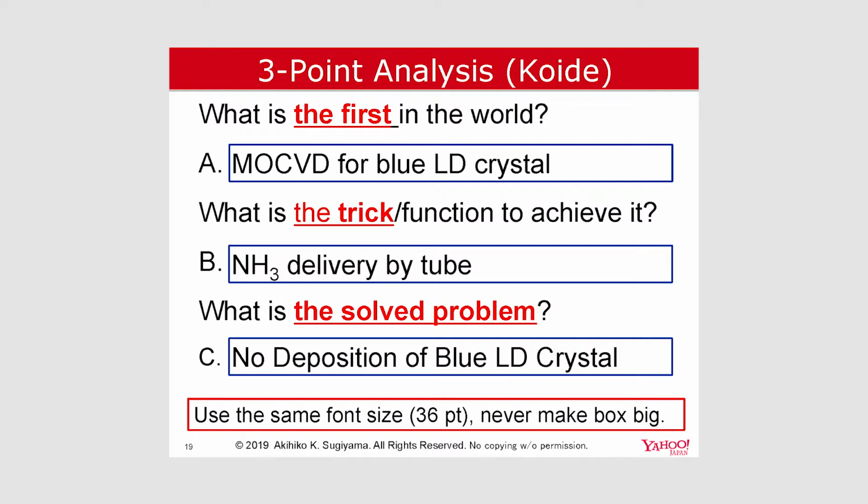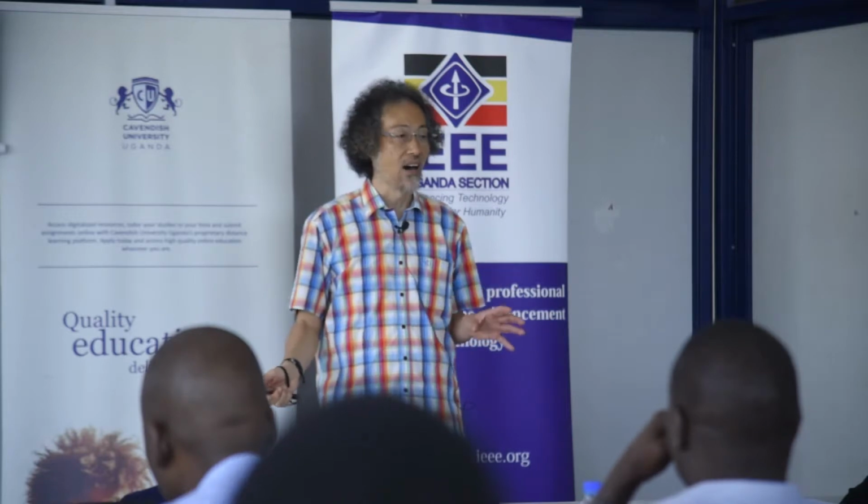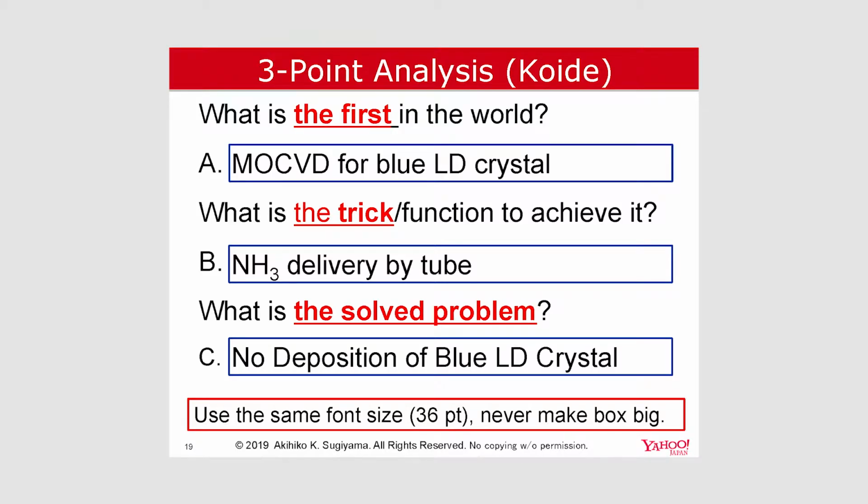What is the trick or function to achieve it? Yes, it's easy. He introduced a delivery tube to carry this reactance gas. All right? And what is the solved problem? It's easy, it's opposite to the value. I said they are opposite to each other. And I also said, why don't you put no or not to identify the problem? So simply putting a no here: no deposition of blue laser diode crystal.